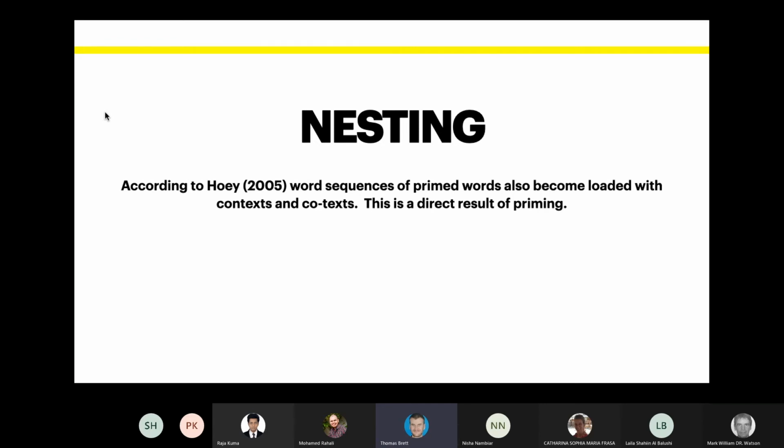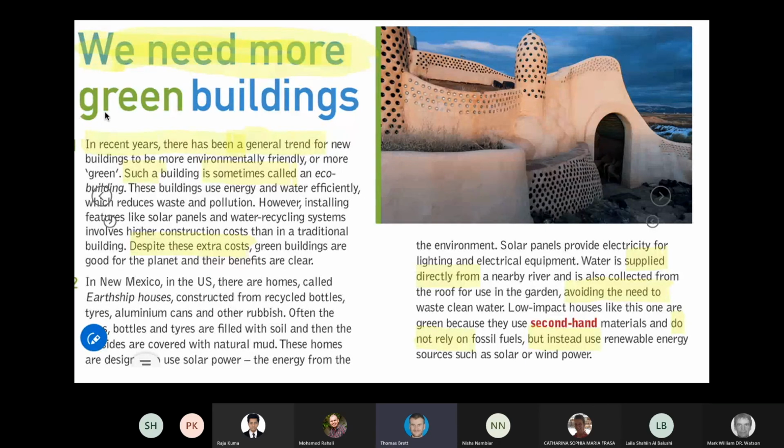And he says that word sequences of primed words, so these collocations, also become loaded with contexts and cotexts. This is a direct result of priming. So, I understand this basically as the word is the passenger in the car, and the pattern that we see here is the vehicle for the word.